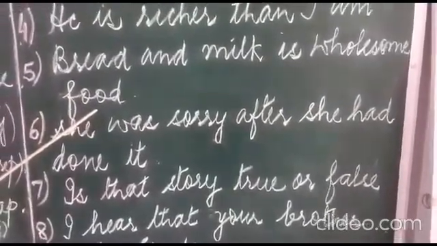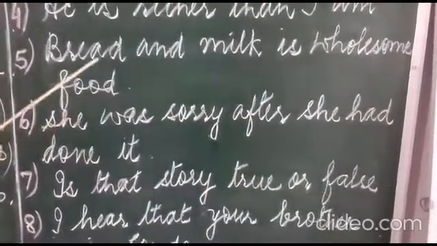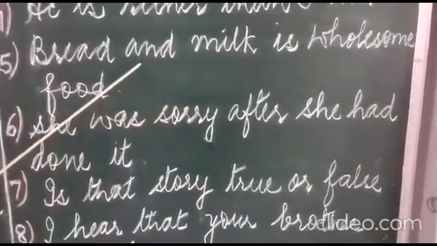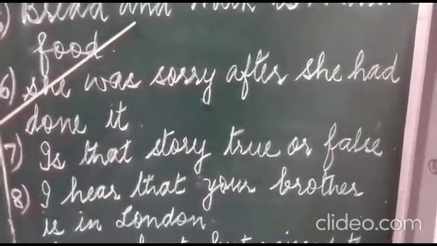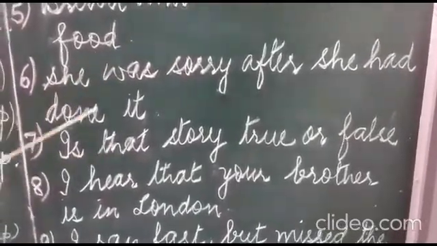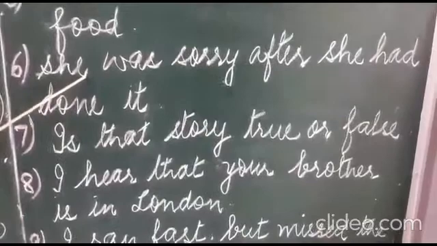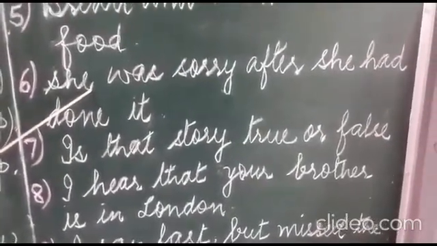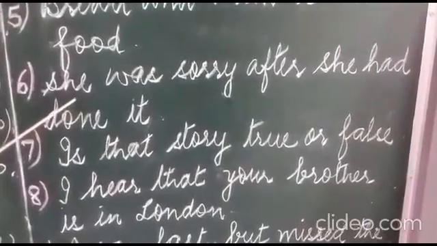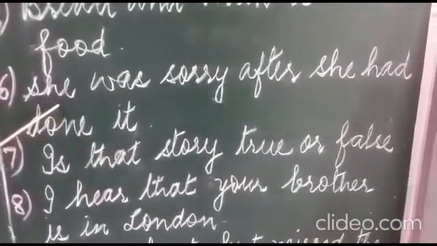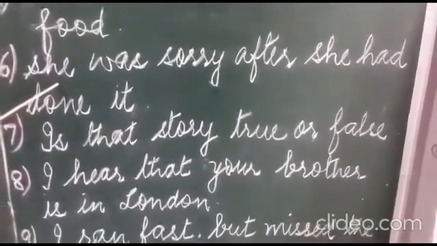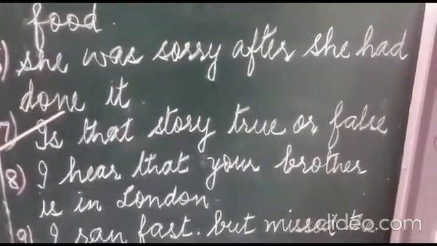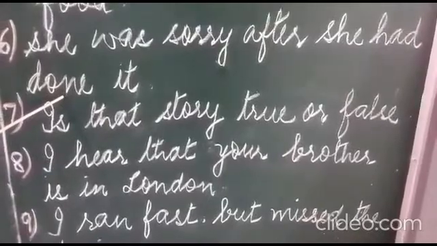Next, bread and milk is wholesome food. Found out? Where is the conjunction? This is your conjunction. And now, some more sentences I have written. I'm just reading out. You will underline yourself. It's easy. She was sorry after she had done it. Underline yourself.